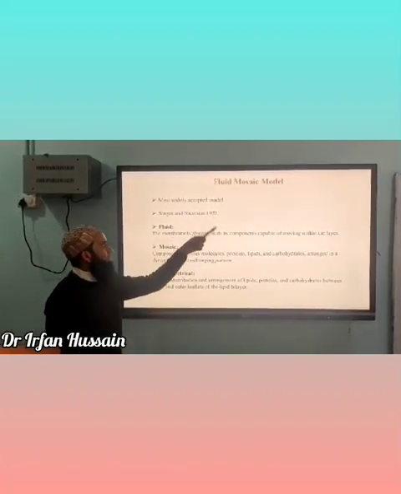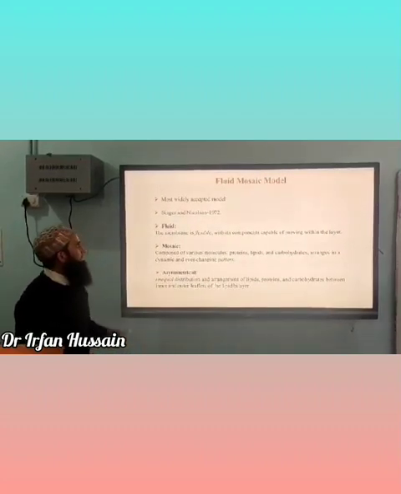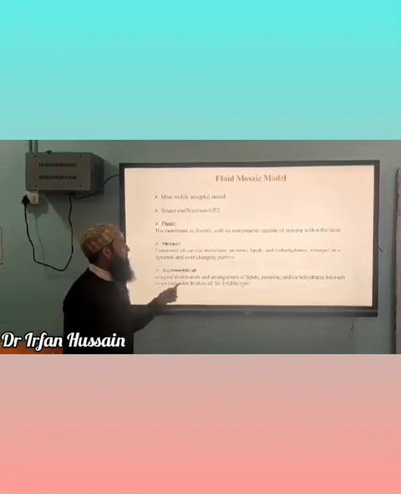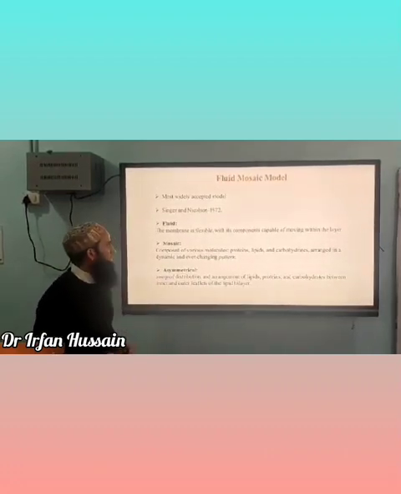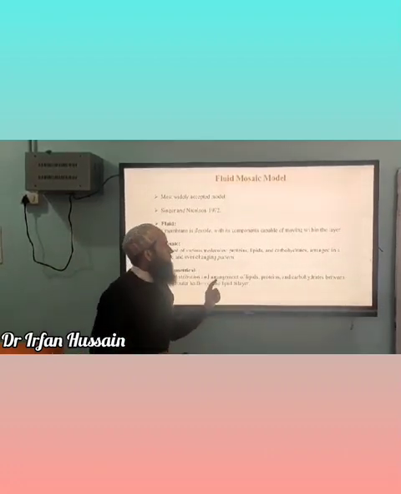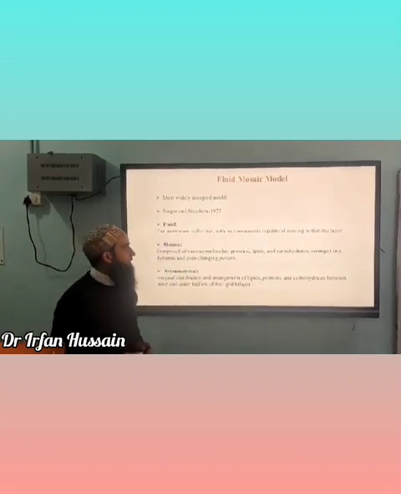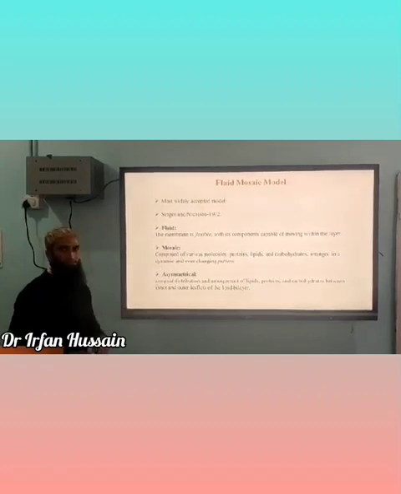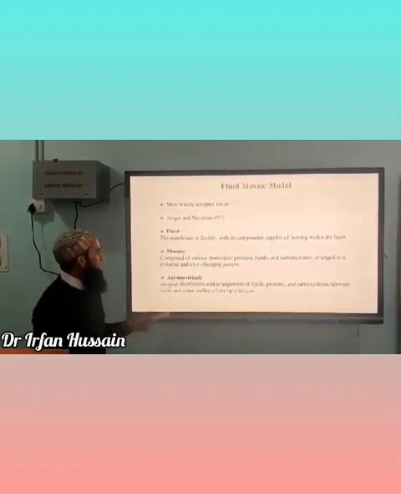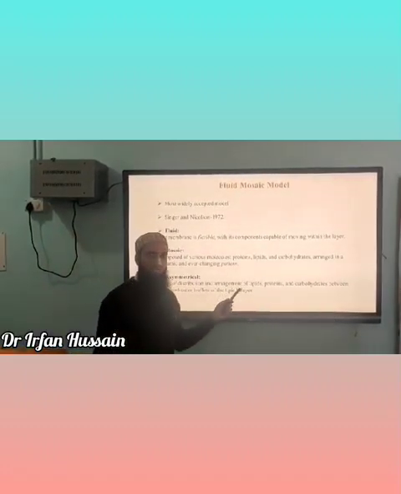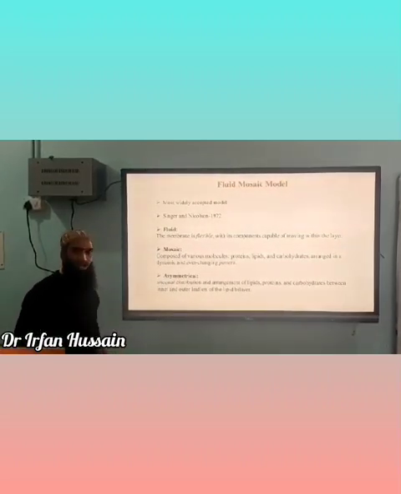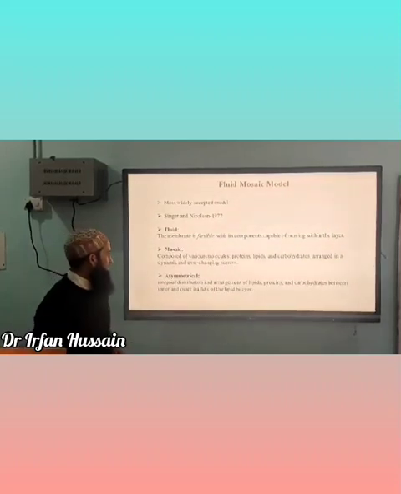There are a few terms in this which you have to understand. First is fluid. What is meant by fluid? Fluid means that the plasma membrane is flexible, which means that its components are capable of moving within the bilayer. Another term is mosaic. Mosaic means it is composed of various molecules like proteins, lipids, carbohydrates, which are dynamic and ever-changing in pattern.